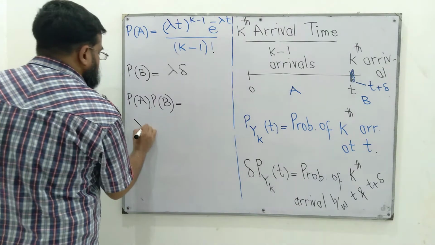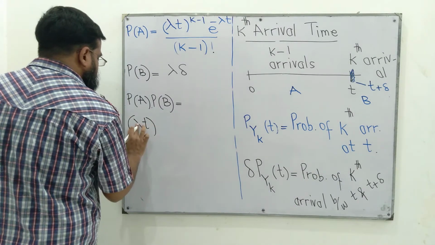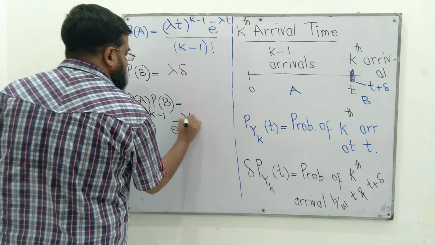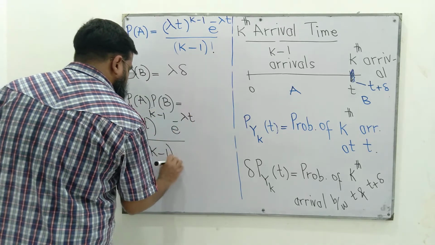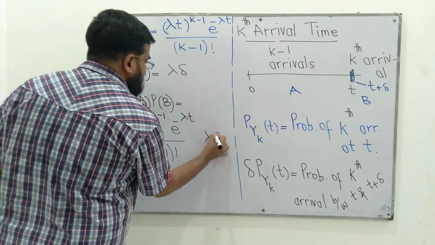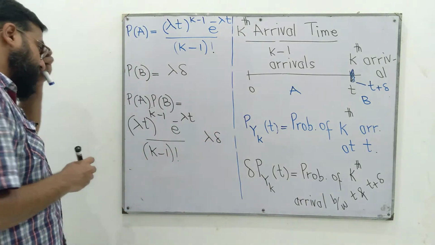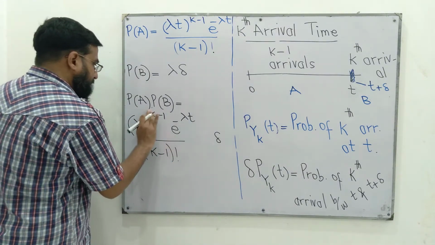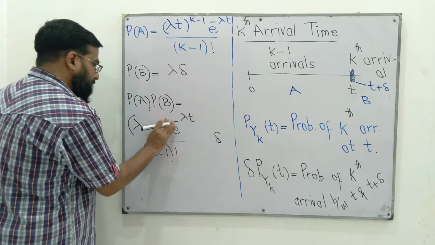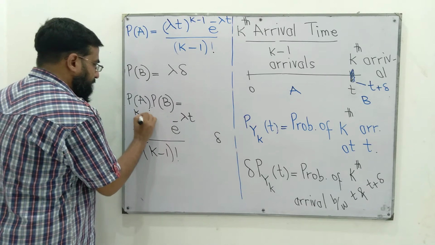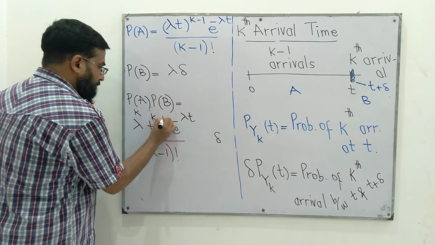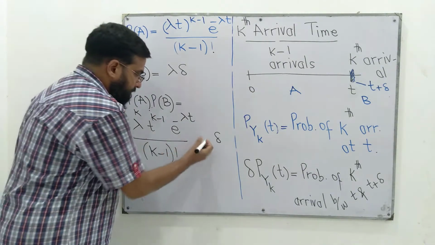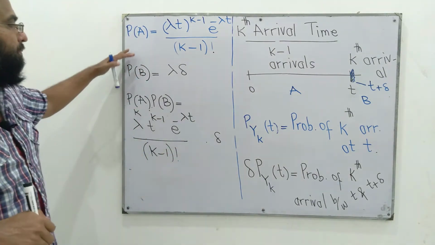When we multiply (lambda t) to the k minus 1 e to the minus lambda t over k minus 1 factorial times lambda delta, this lambda makes it lambda to the k instead of k minus 1, where t remains to the k minus 1, times delta.